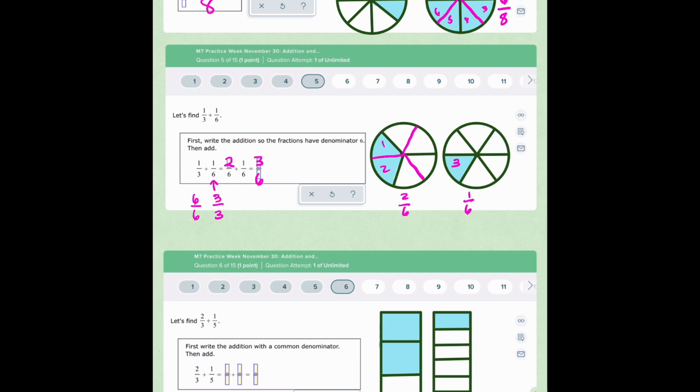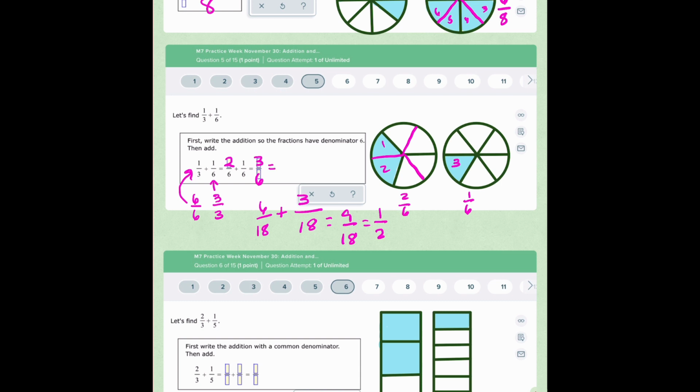And so we multiply these, and what we're going to get is 6 over 18, and then plus 3 over 18. And then we would get 9 over 18, or 1 over 2, because 9 goes into 18 two times.